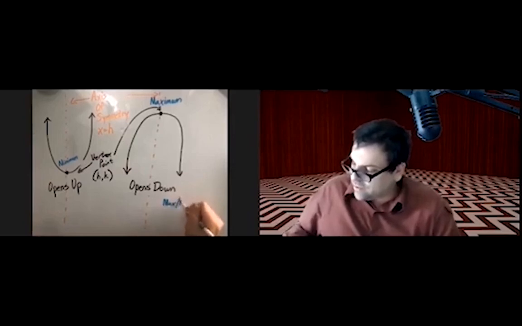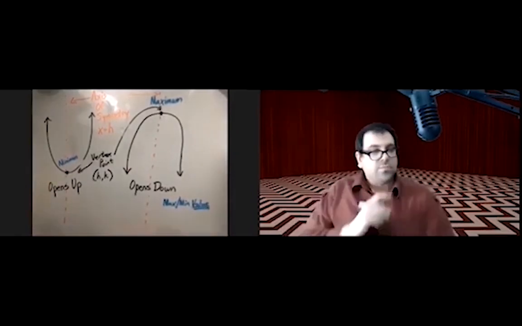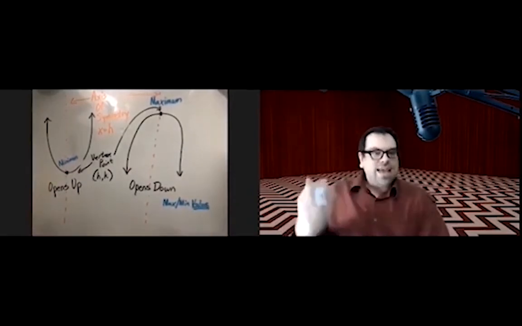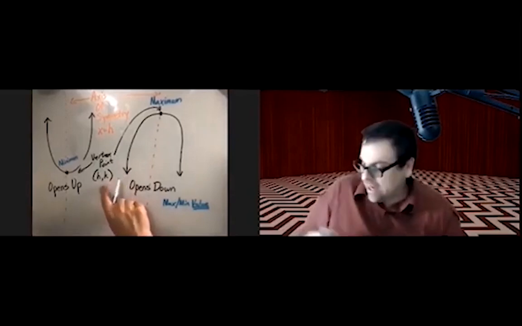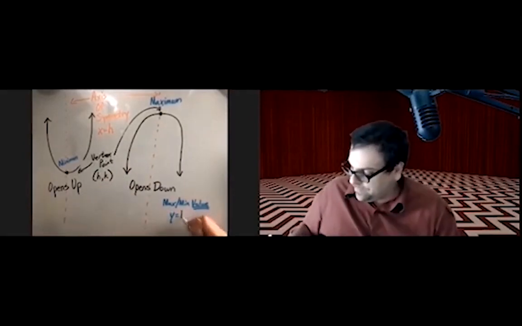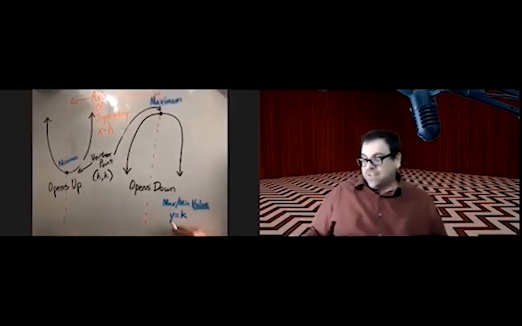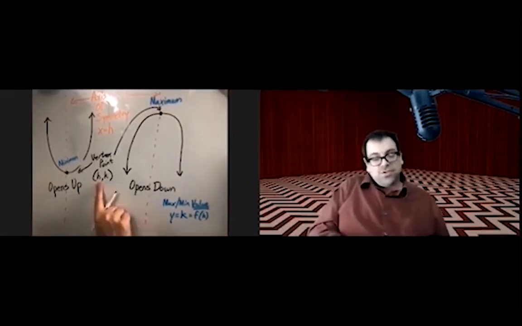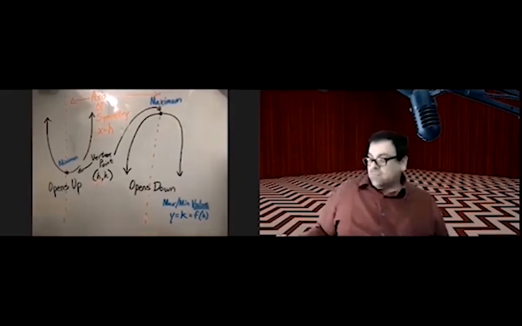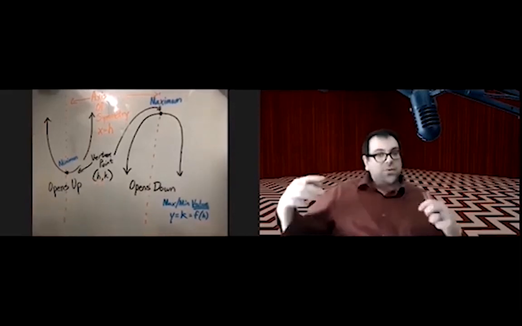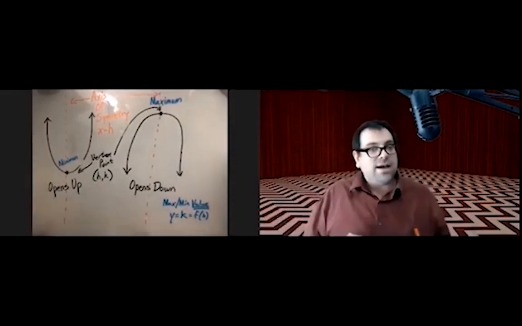The max or min value, not the whole point, just the value. That's the output. That's the y. Y equals k. Or another way of saying y equals k could be y equals f of h. When the input is h, the x-coordinate of the vertex, the output would be f of h, what we get when we plug h back into the function.